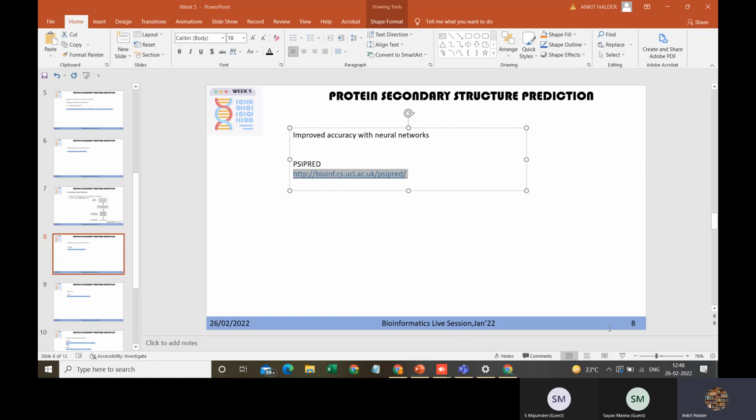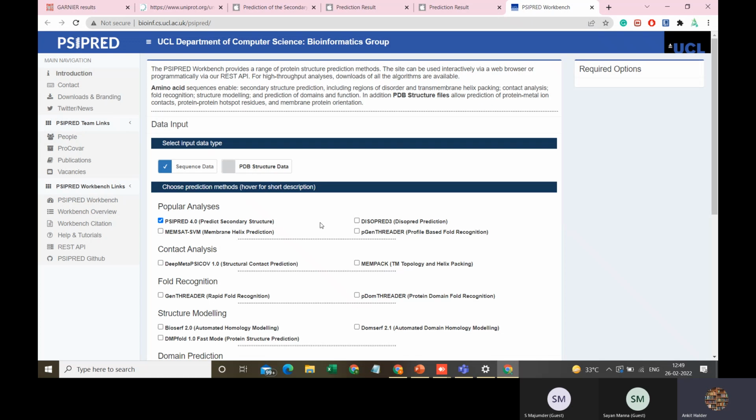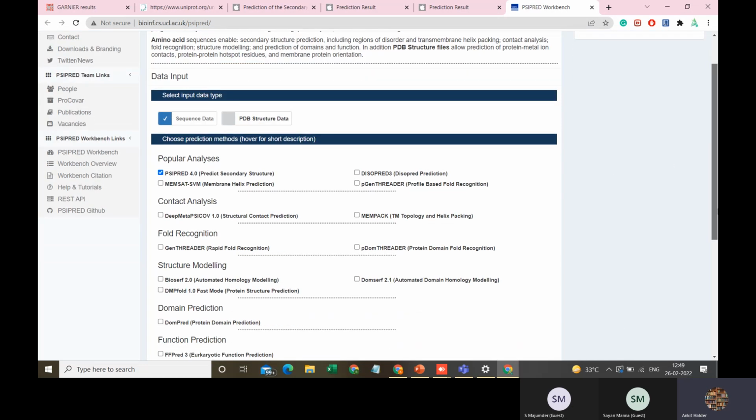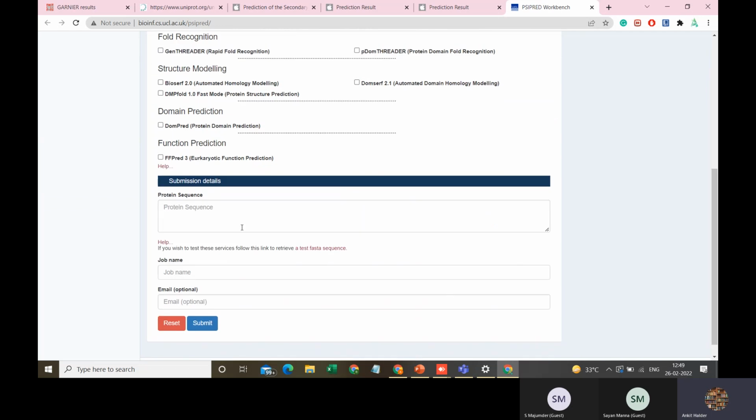If we go to PSIPRED, here we can see that we can also find membrane helix prediction and profile based fold recognition. We will try to find the predicted secondary structure. We will use the sequence data, and the PDB structure data can also be utilized in identifying the secondary structure. Also domain prediction, function prediction and structure modeling are there, so different kinds of activities can be performed.